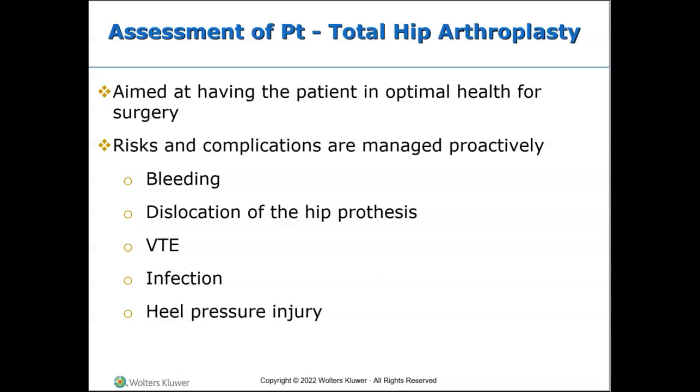Infection may occur superficially in the wound, or it could be deep around the prosthesis. It may happen within days or weeks of the surgery, and it can even occur years later, I've seen. That's not common, but it can. Minor infections of the wounds are generally treated with antibiotics. Major or deep infections may require more surgery and/or removal of the prosthesis.